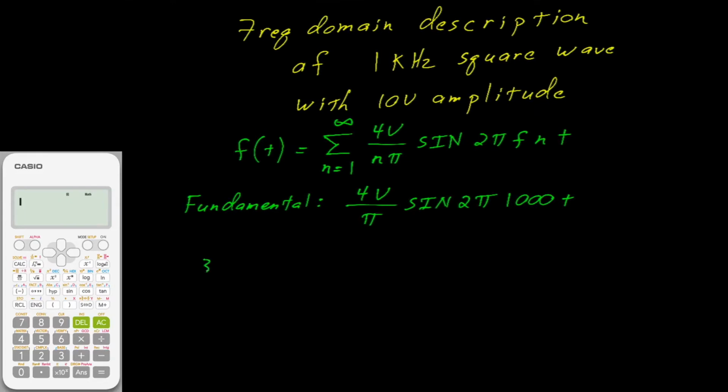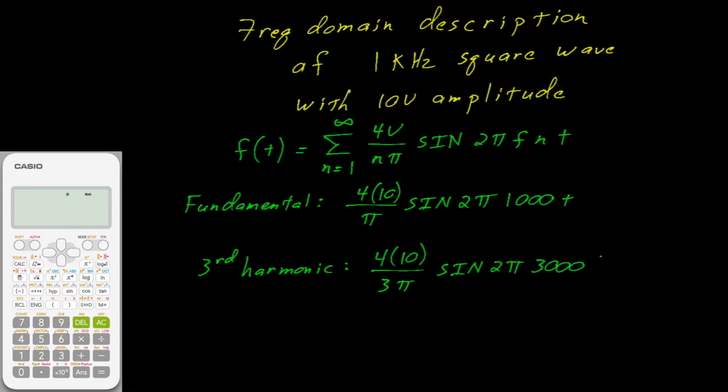The third harmonic would be 4, whoops, this isn't V, that's not what it should be, this should be 10. There we go. So 4 times 10 over, in this case, 3 pi sine 2 pi by 3000 t.